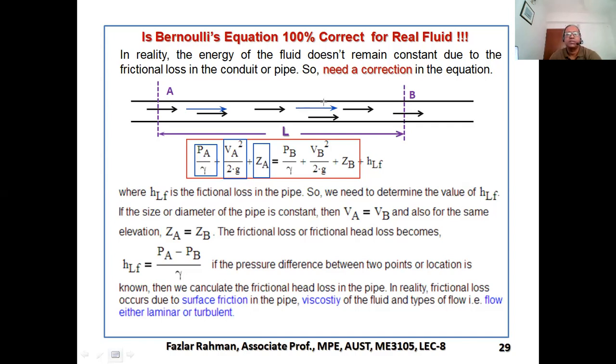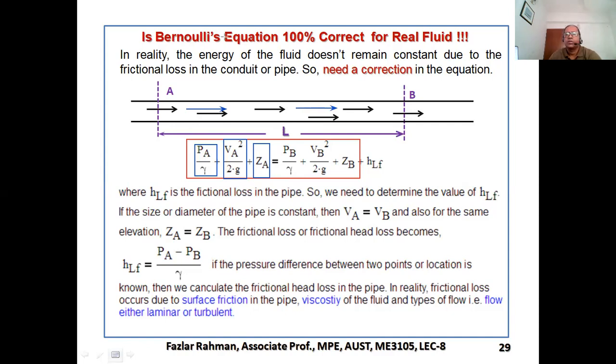That means if distance L is increased, say 2 miles, 5 miles, your loss will be more. If L is decreased, loss will be less.